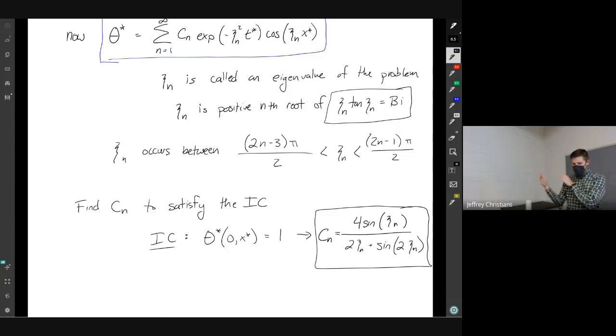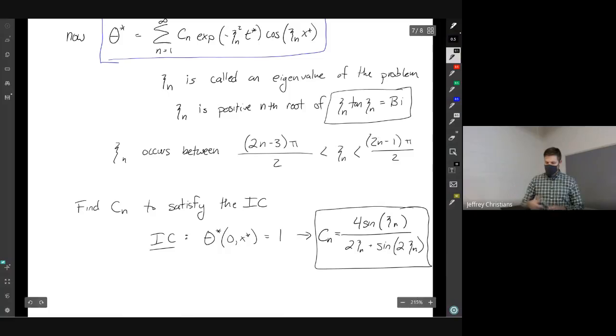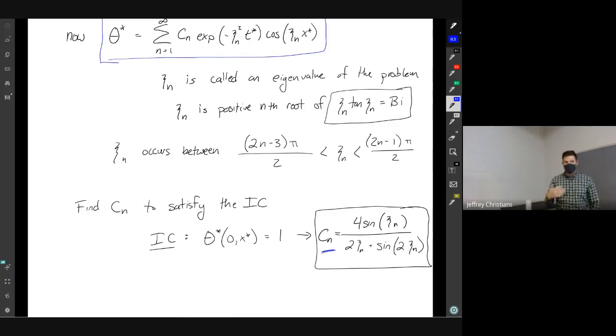So we get an infinite number of Cn's and we get an infinite number of Cn's. There are two different things. One we have to solve for kind of recursively. One we get a nice, pretty simple exact solution. This second one, this Cn term, is going to be the weighting factor for each of those cosine functions, right?